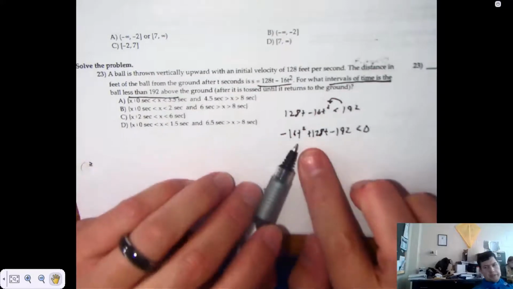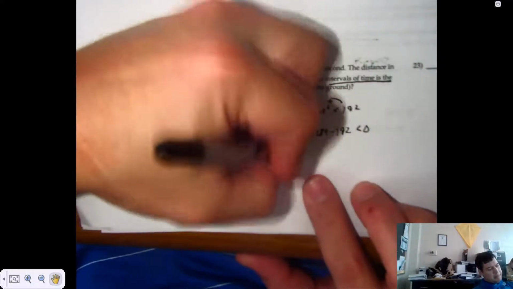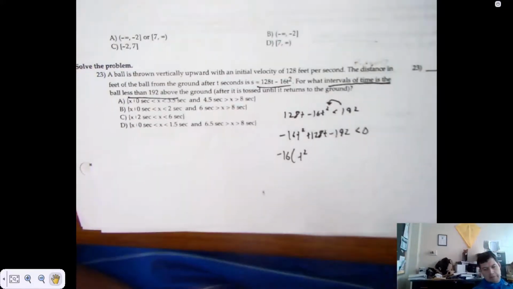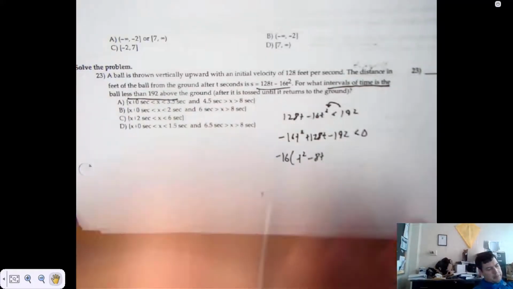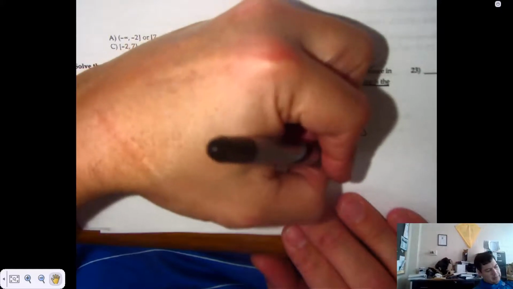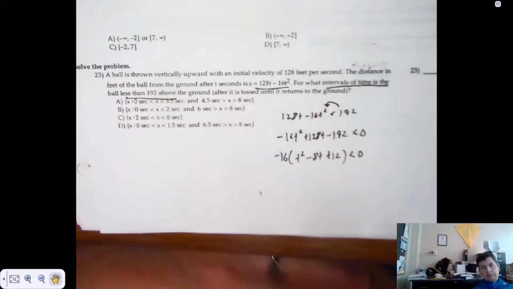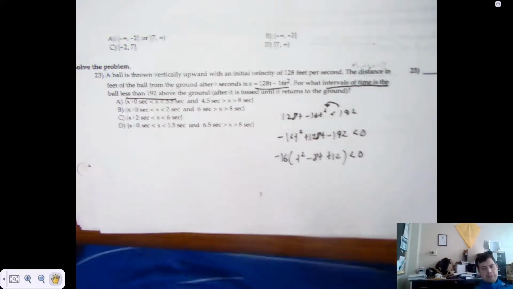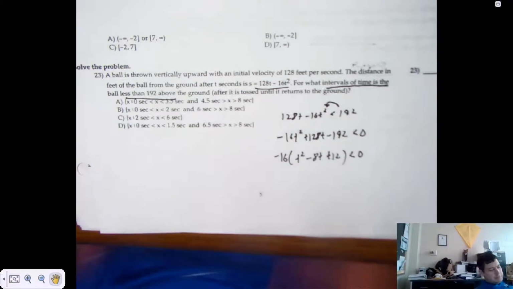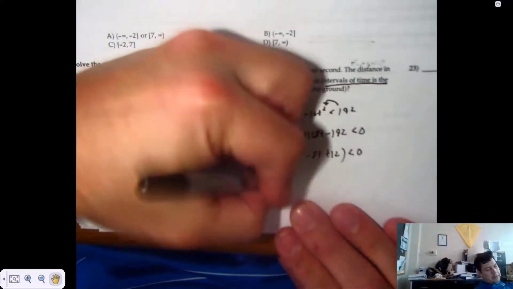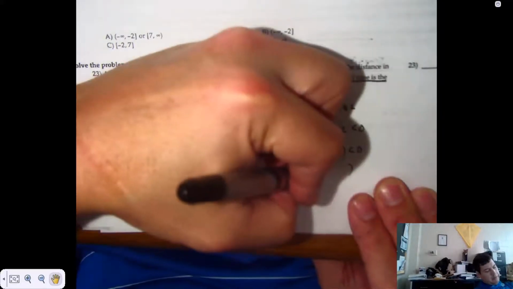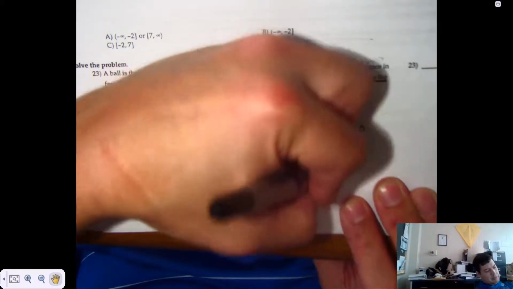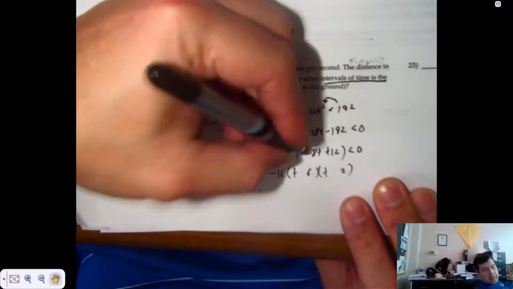I'm going to pull the negative 16 out to make the numbers smaller and easier to work with, and then plus 12. Anyways, the factors of 12 that get you to 8 are 6 and 2. And they're both negative to add to negative 8.